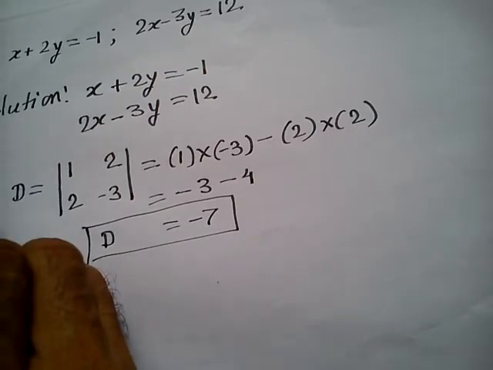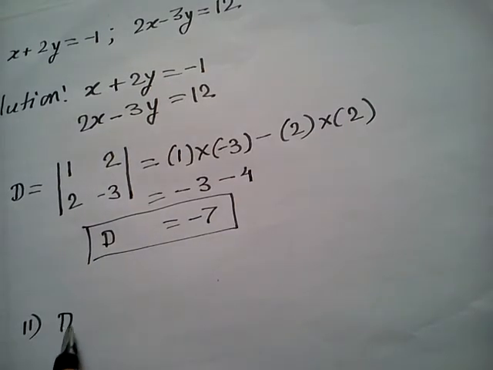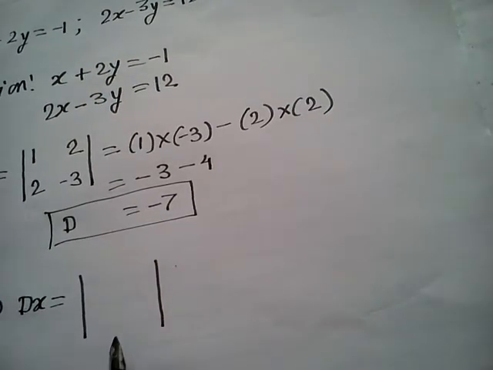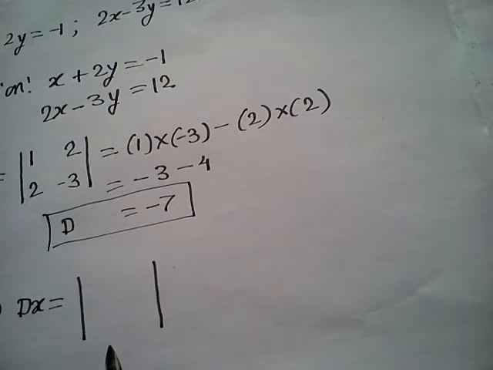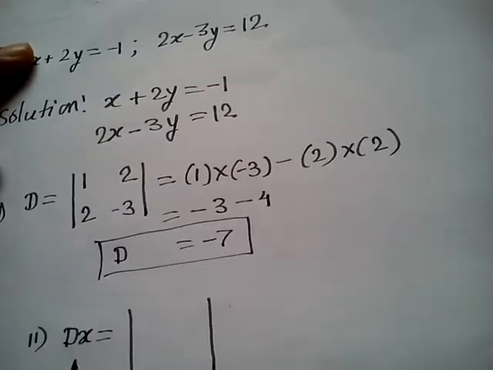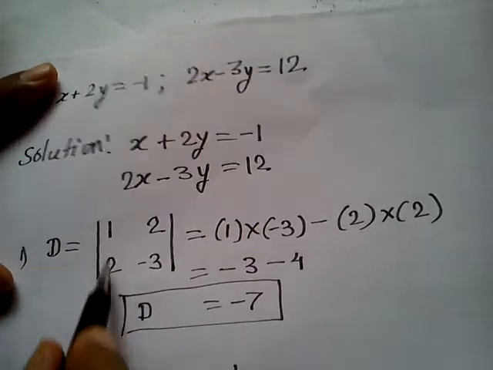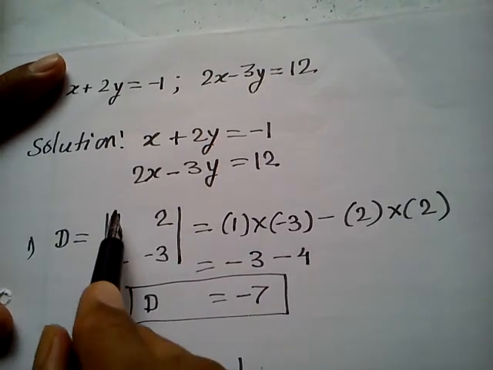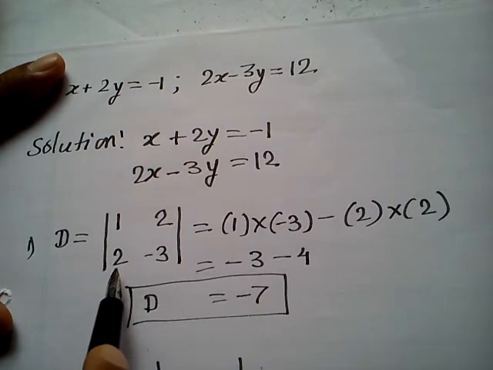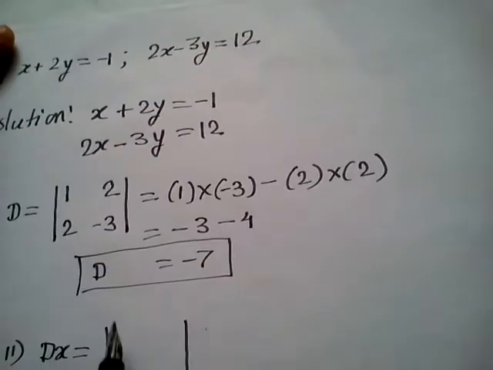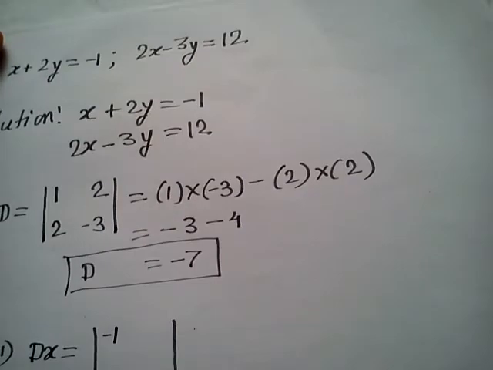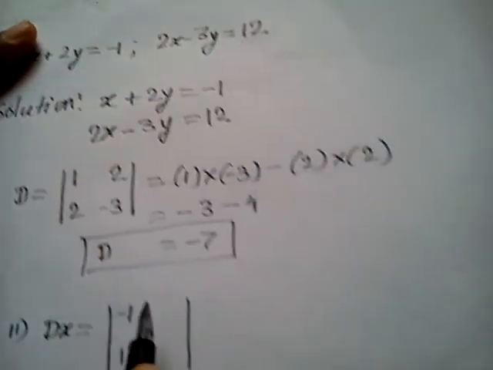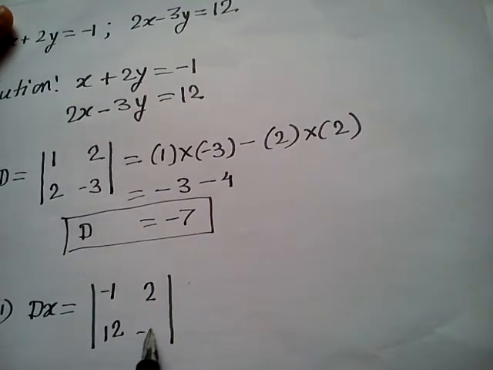Second, dx. Write down these steps very carefully. X will be not there. These 1 and 2 are the coefficients of x. Replace these two terms 1 and 2. Instead of that, write down constant terms negative 1 and 12. Coefficient of y will be as it is, 2, negative 3.